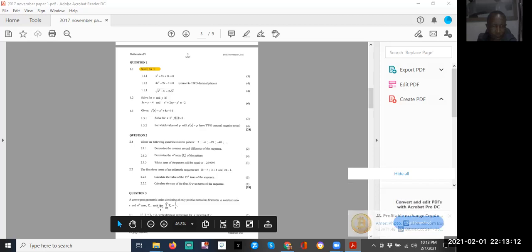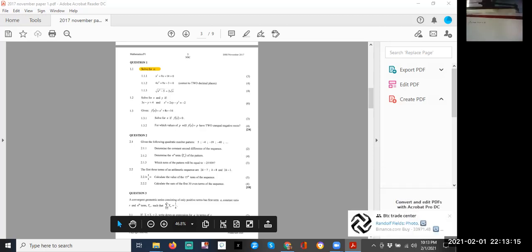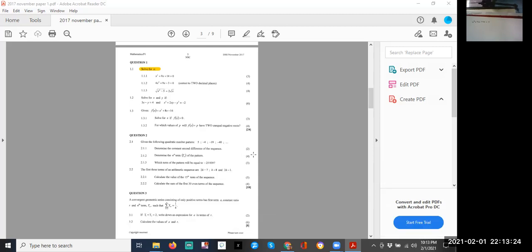We are going to solve for X. As you can see here, this is x squared plus 9x plus 14 equals 0.